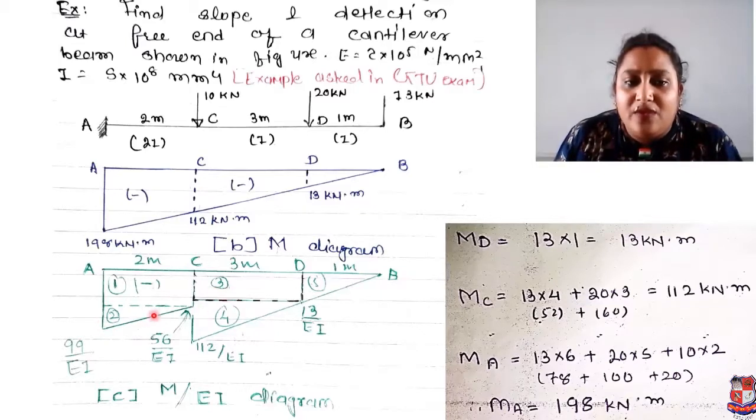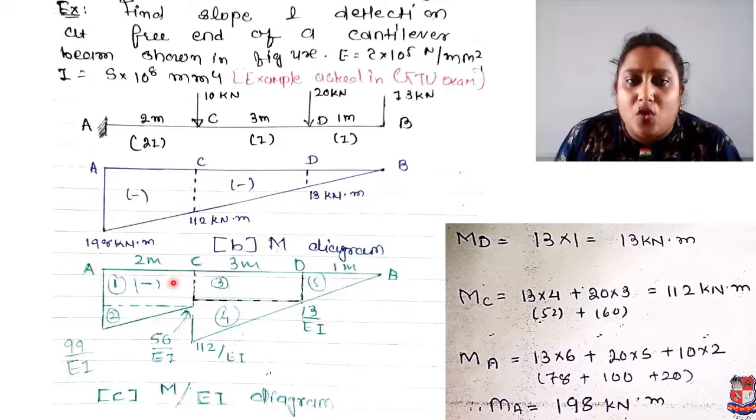If you focus on that diagram, you can see the first portion is a rectangle, the second portion is a triangle, the third portion is a rectangle, the fourth portion is a triangle, and the fifth portion is a triangle. Why am I saying that?